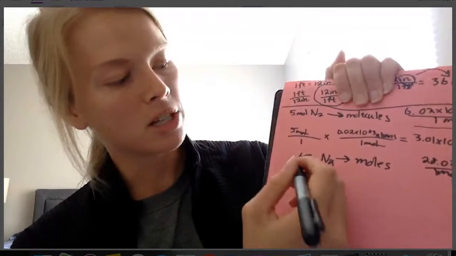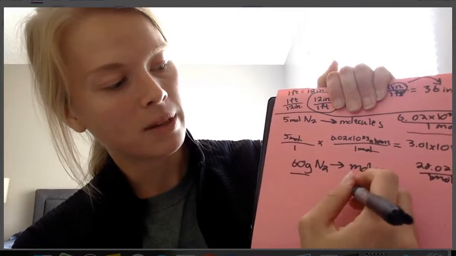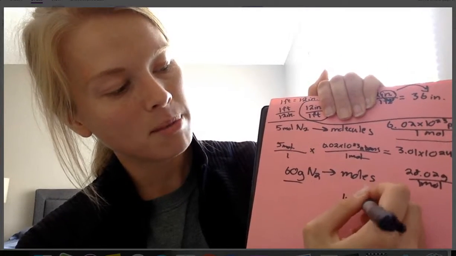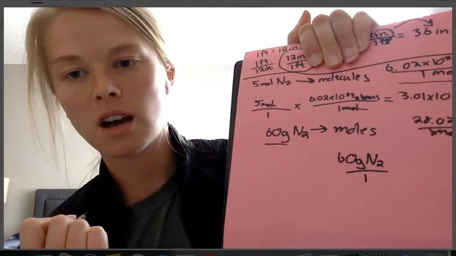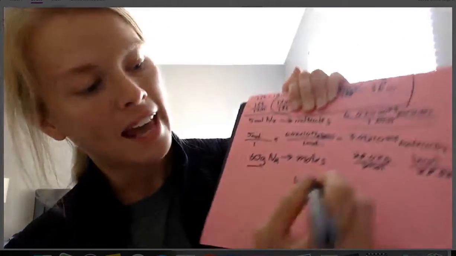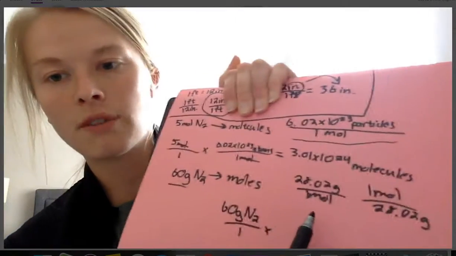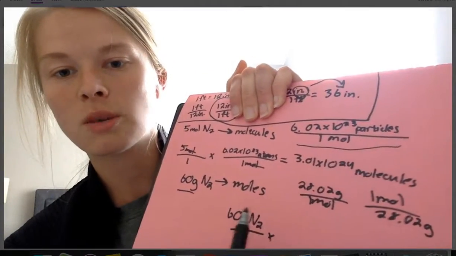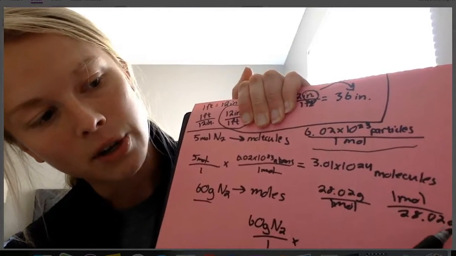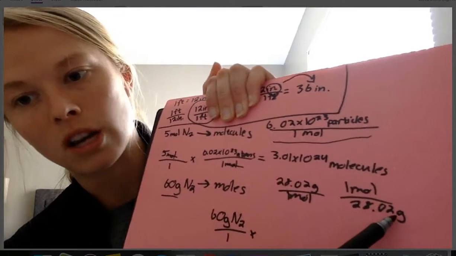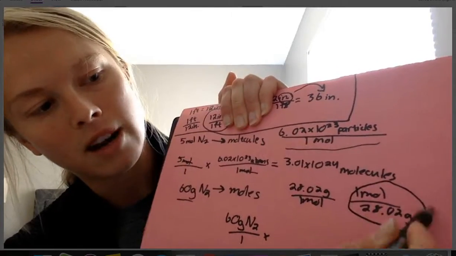All right, so I'm going to start with the number they give me. I'm going to take this 60 grams of N2, put it over 1 as my placeholder, optional step. And I'm going to take this times whichever one of these two unit conversions will cancel out my grams. So grams is on top here, and I want grams on the bottom in my unit conversion. So I'm going to use this guy right here.